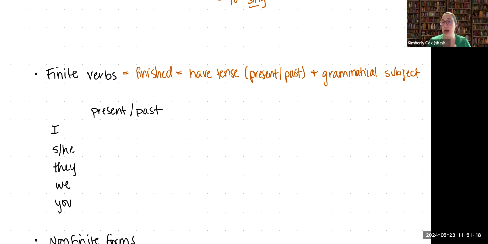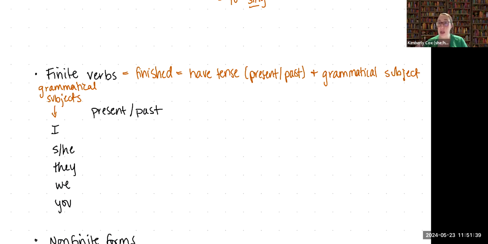These are subjective pronouns, pronouns that are in the subject form. So these are going to function as our grammatical subjects. And I will just write this here, so that if you're looking back, you do not forget.